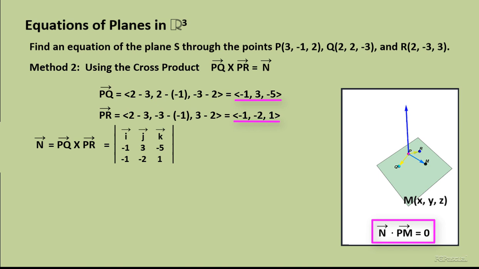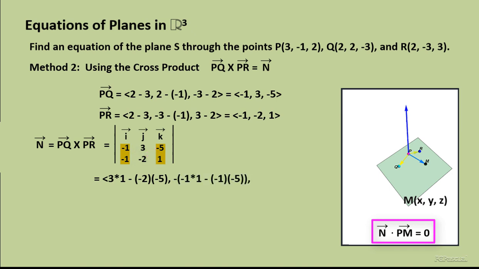Let us use 2 by 2 submatrices to evaluate this determinant. So the first component will be the determinant of this 2 by 2 submatrix. So we have 3 times 1 minus -2 times -5. The second component is equal to minus the quantity -1 times 1 minus -1 times -5.